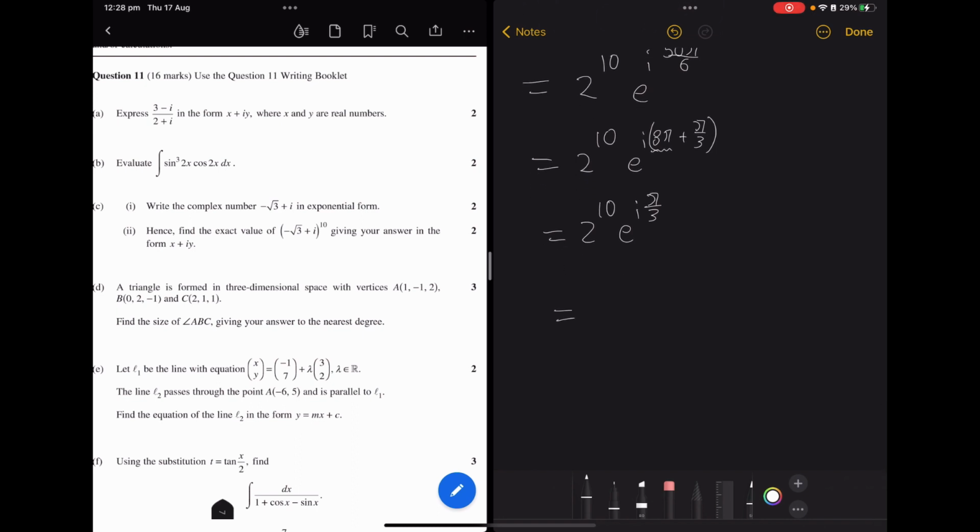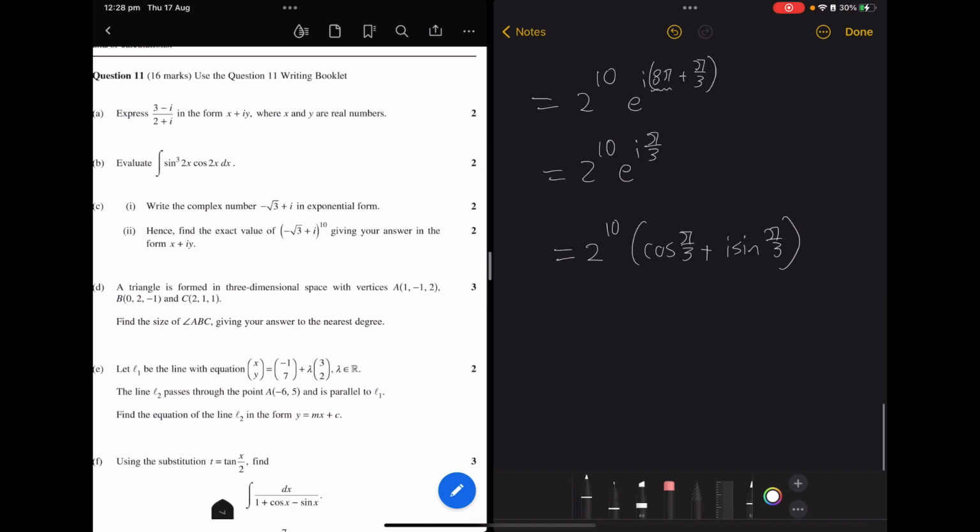And if you remember your modulus argument form, that's 2 to the power of 10 times (cos π/3 plus i sin π/3). Hopefully you remember that cos π/3 is equal to 1/2, plus sin π/3 is equal to i times root 3 over 2.